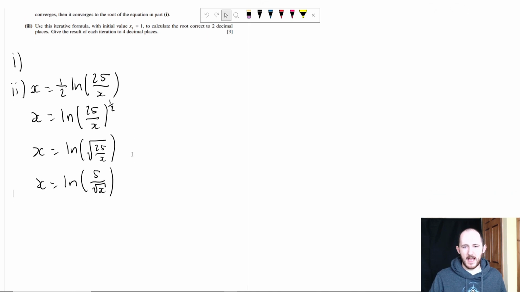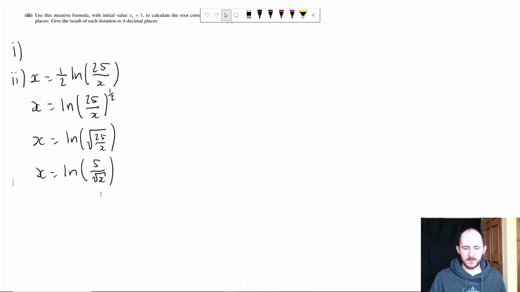For the next step, we're going to exponentiate both sides. Actually, before that, we'll bring the power up. We can make this 5 square root x to the minus 1. So this 5 would be on the bottom as well.